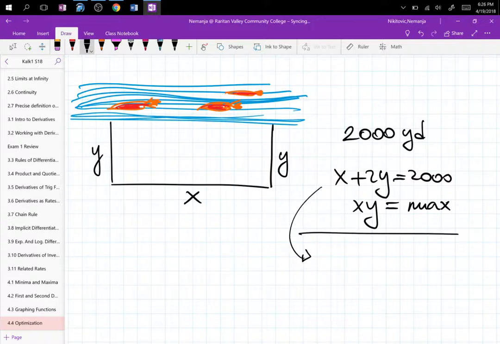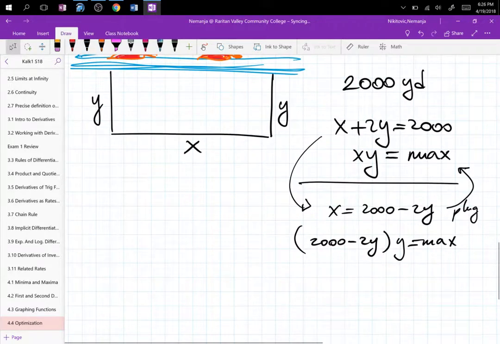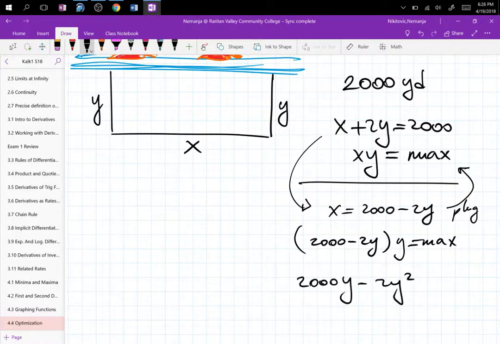From the top equation, x equals 2,000 minus 2y. Then plug that in there. So we have 2,000 minus 2y times y equals a max. And then, first do the algebra. So 2,000y minus 2y squared equals a max. And now is the time for us to do the d/dy derivative.